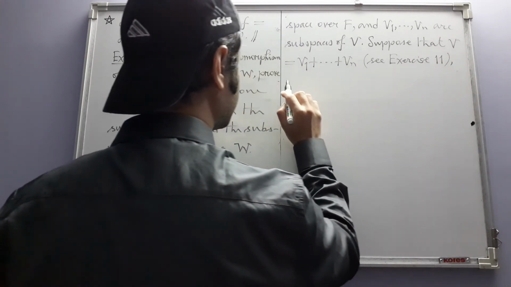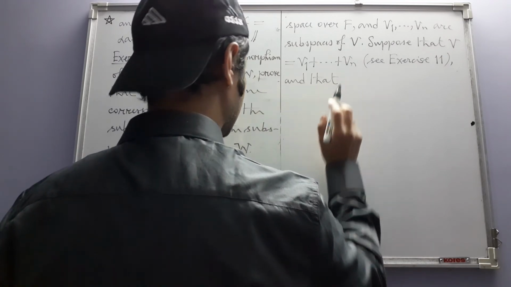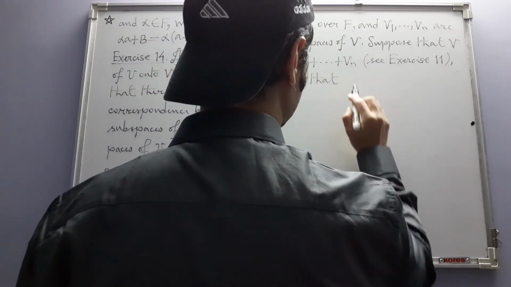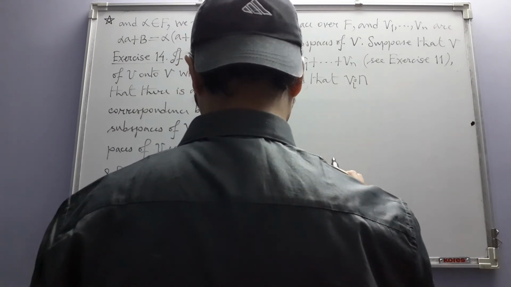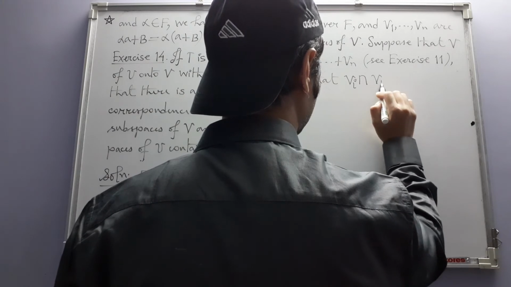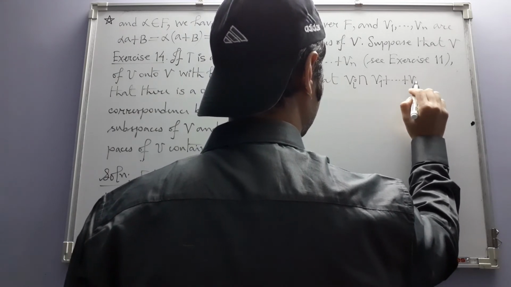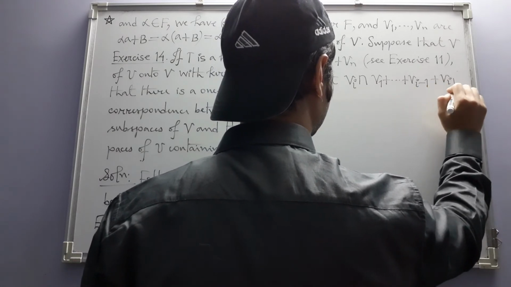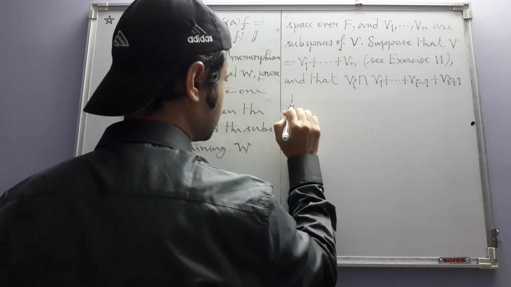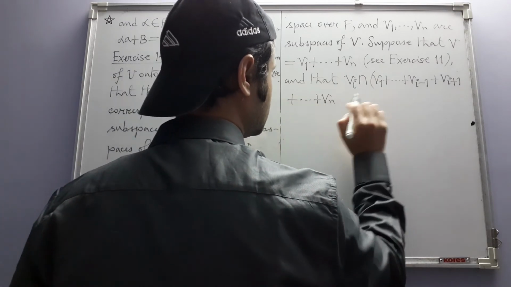And these conditions are also true. The intersection of Vi and the sum of the remaining subspaces is trivial.